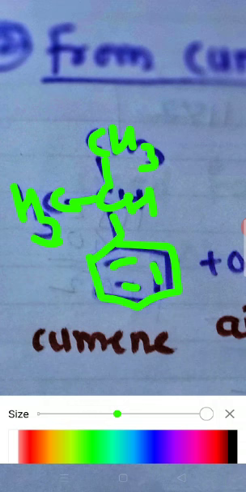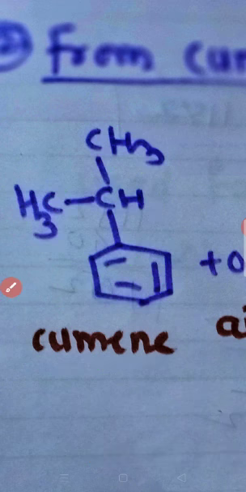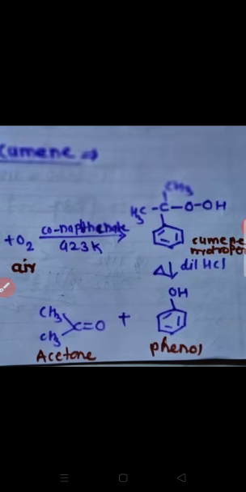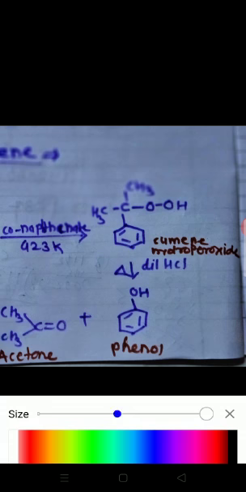When O2 is added to the cumene in the presence of cobalt naphthenate at 4 to 3 Kelvin, then cumene hydroperoxide is obtained.